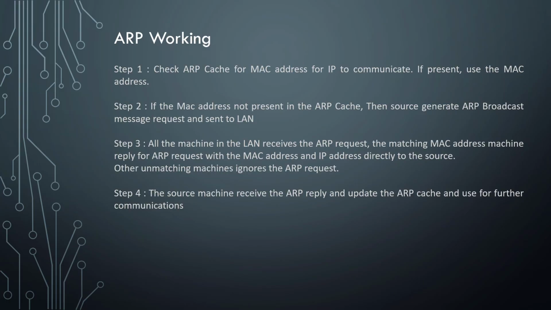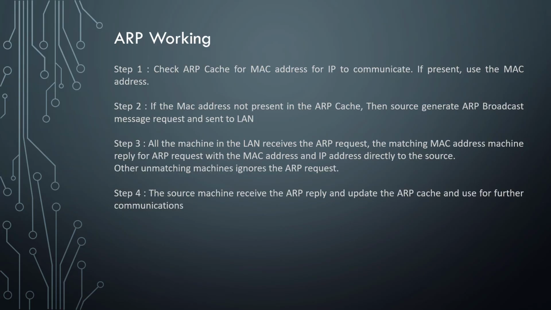To start the communication, it checks the ARP cache in that client machine. If the MAC address for that IP address is available, then it uses that MAC address. If the MAC address is not available in the ARP cache, it broadcasts an ARP request to all the devices in the LAN. The device corresponding to that IP address, the destination device, sends a response to the source device.